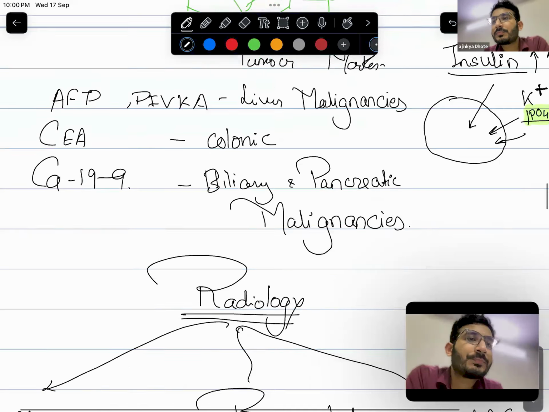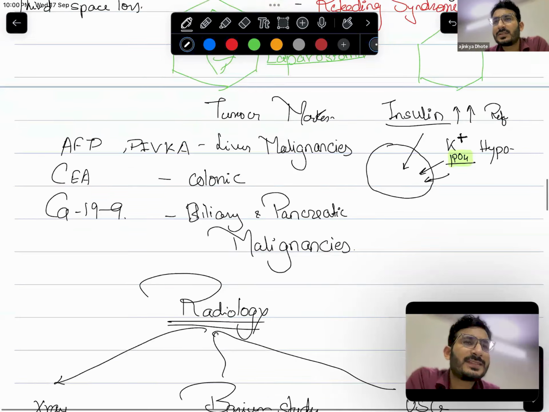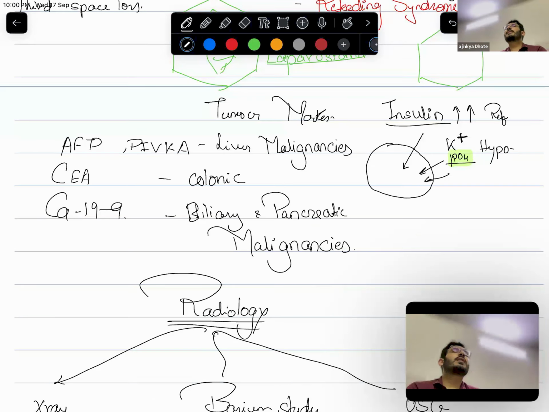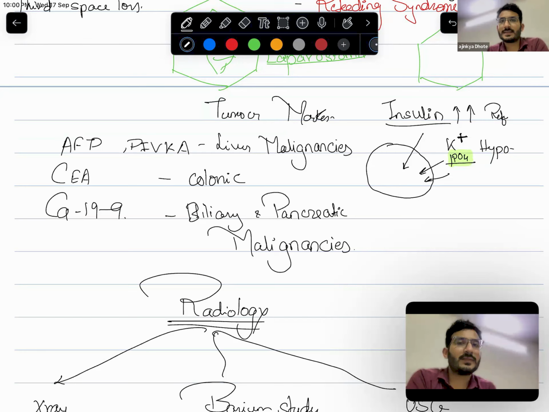So there is just this much in body order. There are multiple other blood investigations which are done in these scenarios, but these are grossly the important ones that you all need to know. Whenever we come to the respective part, we'll discuss the other investigations that are important.